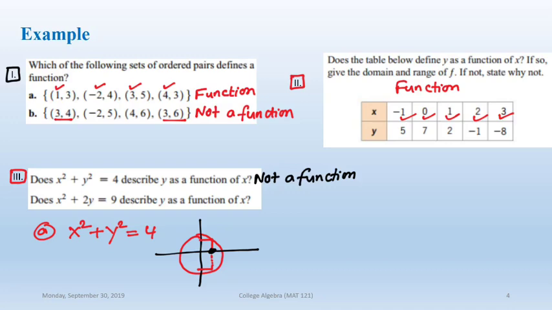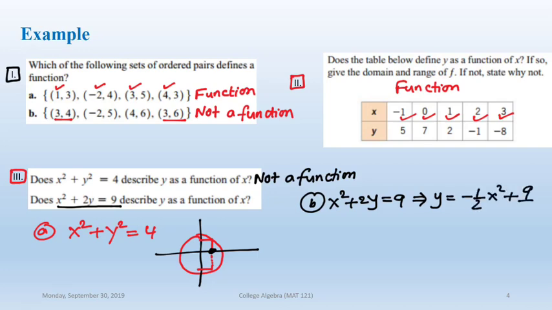Similarly, if you look at the second equation here, b, you have x squared plus 2y equals 9. If you simplify this, you get y equals negative half x squared plus 9 over 2.